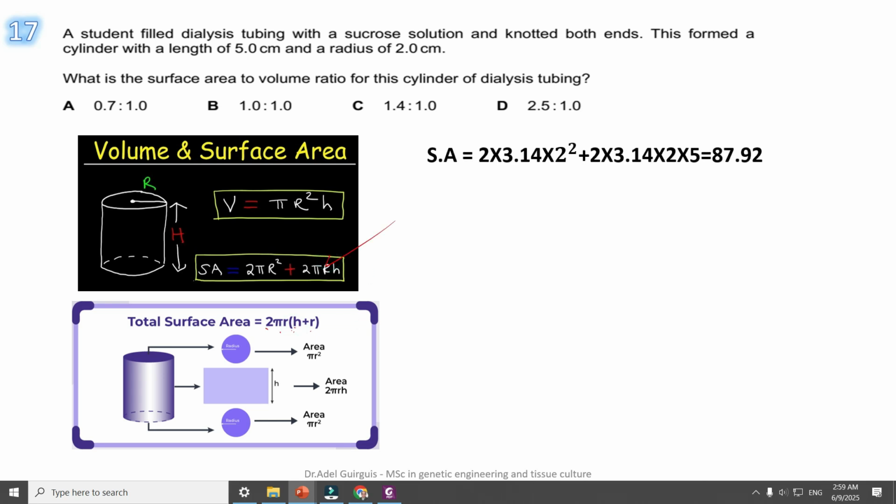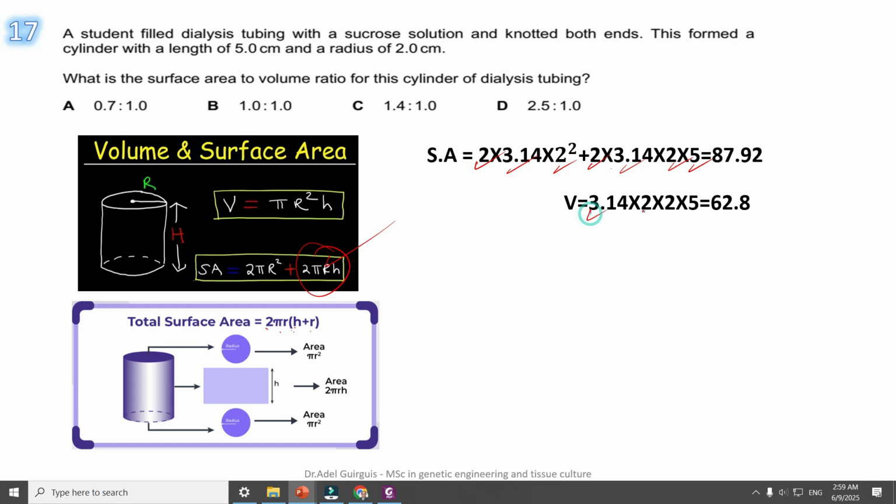Now the surface area of this dialysis tubing equals pi r squared plus 2 pi r h, like here. So the total surface area equals 87.92. What about volume?